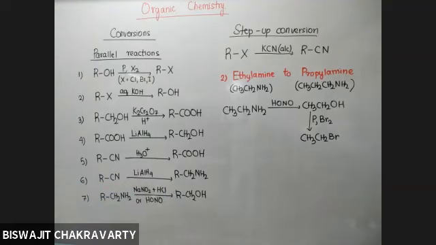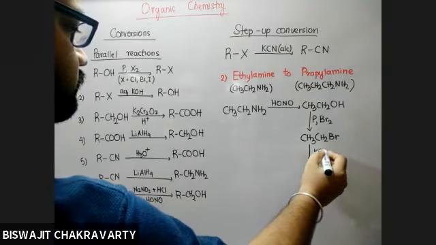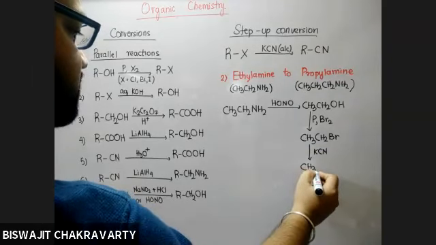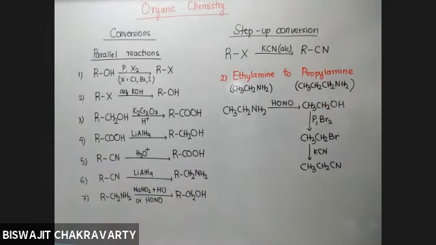Now I can increase the number of carbon atoms by 1. What should I add? KCN, sorry, potassium cyanide, to get CH3CH2CN. Now what should be done?